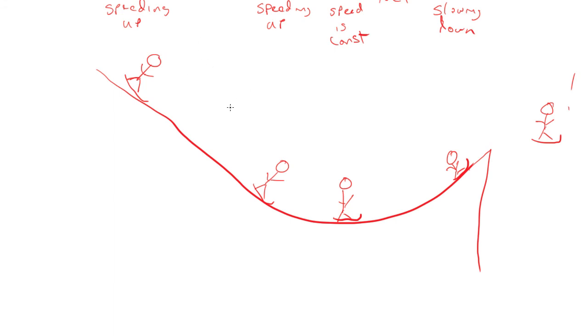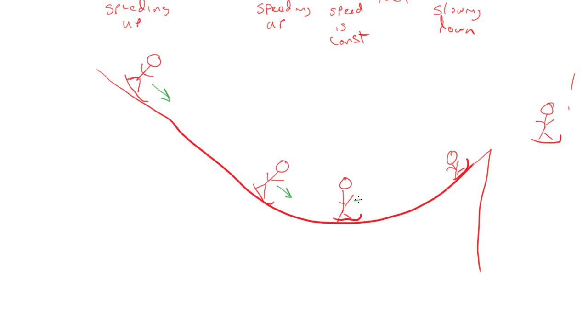Let's do the velocity first, we'll do it in green. What's the direction of the velocity of this guy? Like this way? What's the direction of velocity of this guy? Pretty much the same. This guy? You mean he's going into the slope?